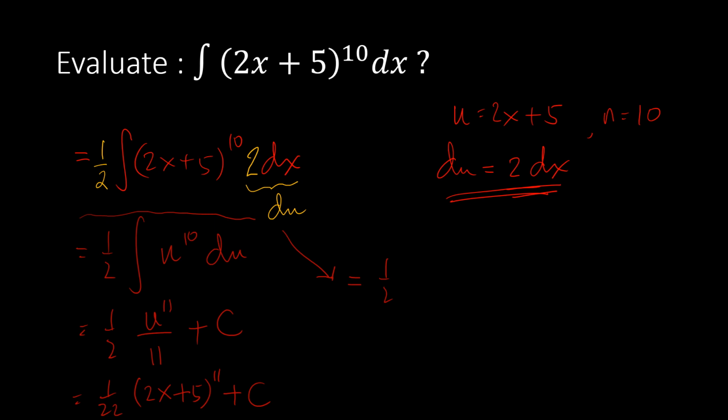And since we know that this is already u raised to 10, we can write here u raised to 11 all over 11, or (2x plus 5) raised to 11 all over 11 plus c, and it will lead us to the same final answer of 1 over 22 times (2x plus 5) raised to 11.